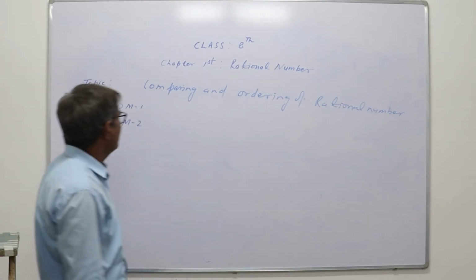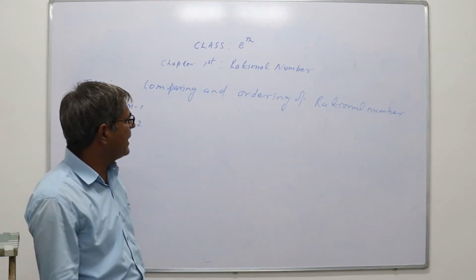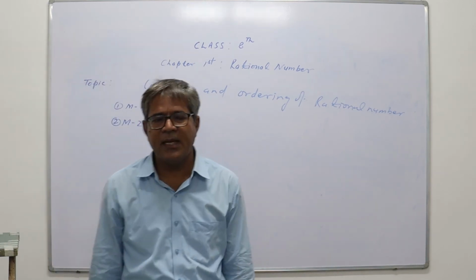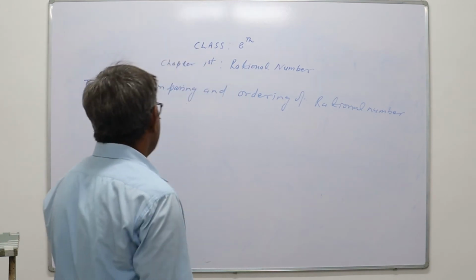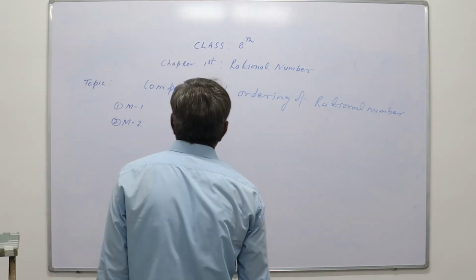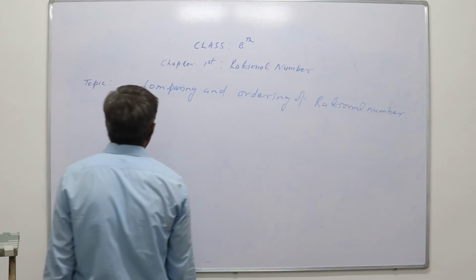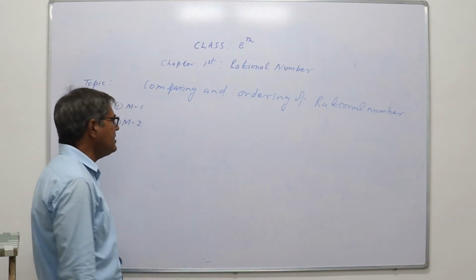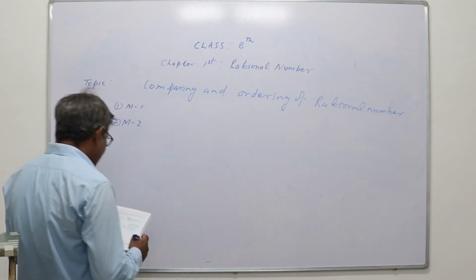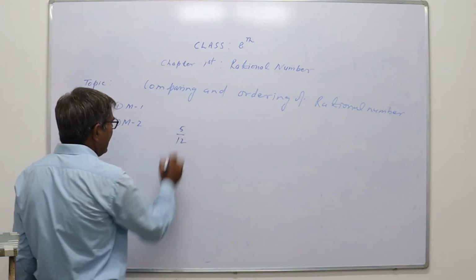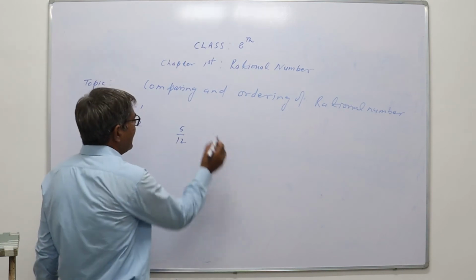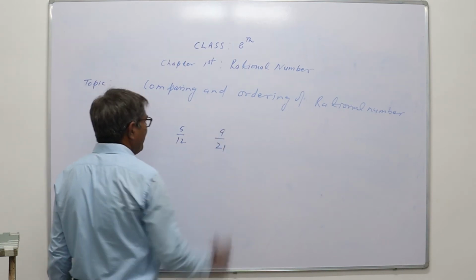Now this was the first method for comparing two rational numbers, that was using the number line. The second method is, when the rational numbers are given, we will make the denominators the same first. For example, there are two rational numbers, one is 5 upon 12 and the second one is 9 upon 21.